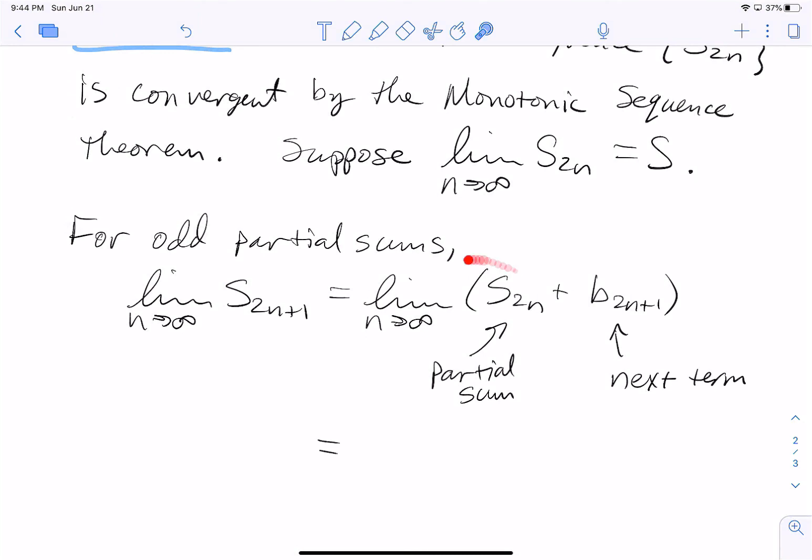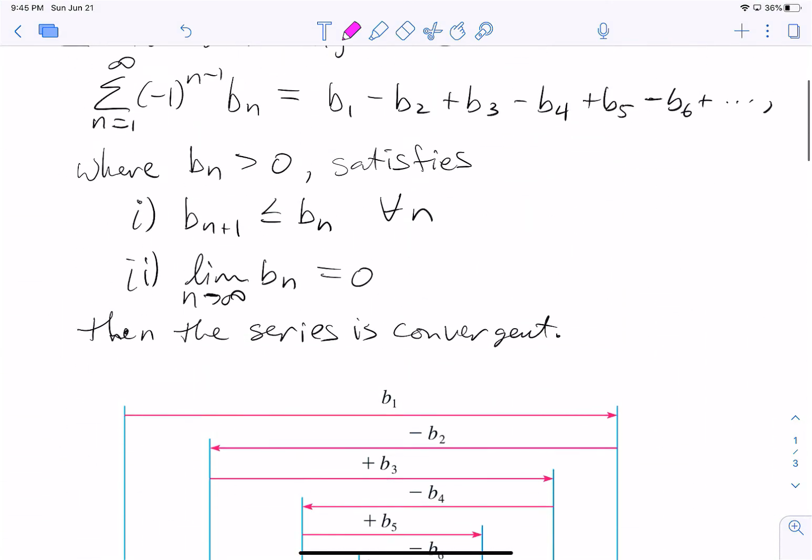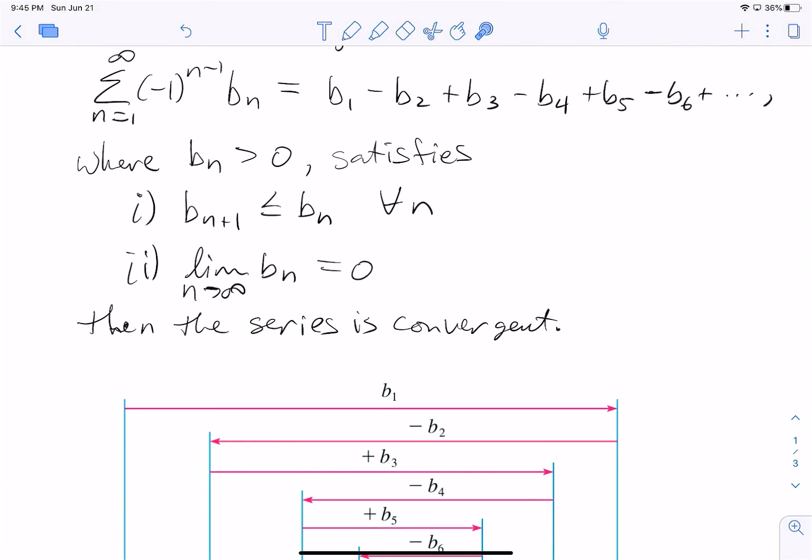Assuming both of these limits exist, well, we don't have to assume it. We've just shown that the limit as n approaches infinity of s_2n exists, and the limit as n approaches infinity of b_(2n+1) is 0 by assumption. Remember, there were two conditions when we stated this. Not only were the terms getting smaller in magnitude, but the limit was 0.